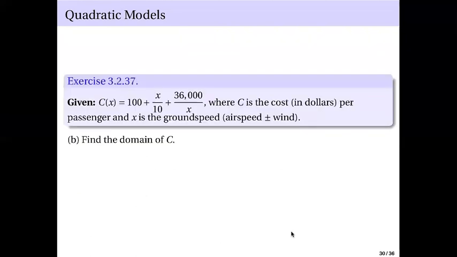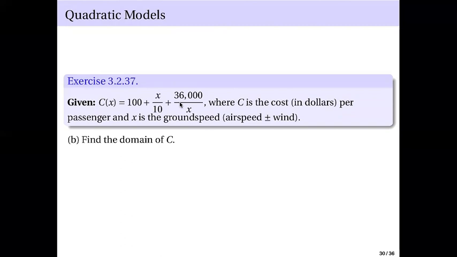Next, we want to find the domain of this cost function. One way is to write this in single fractions.